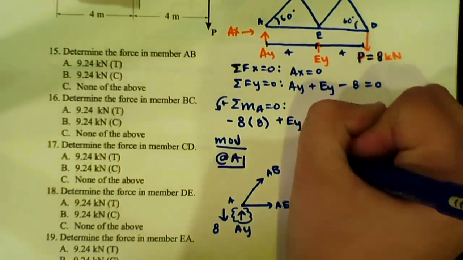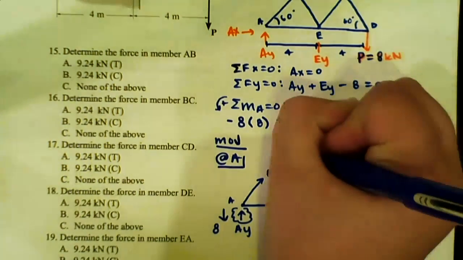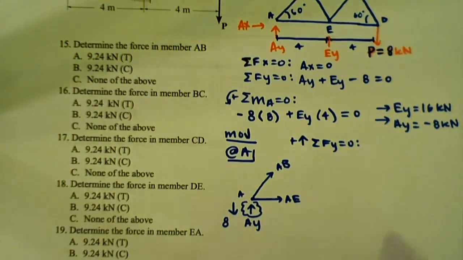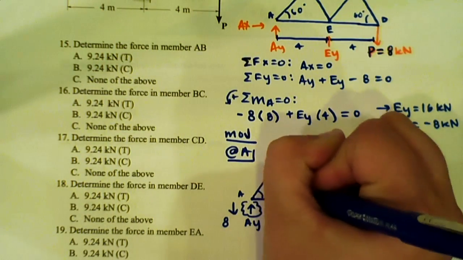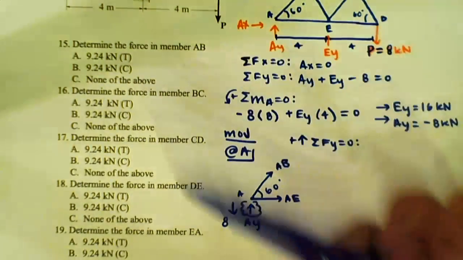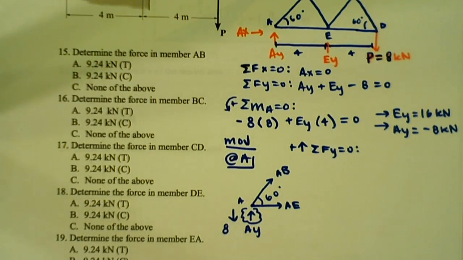So, do the sum of the forces in the y direction equal to 0, positive being up. And we know that this angle in between our AE and our AB is 60 degrees because it gives us that at the beginning of the problem in the diagram.